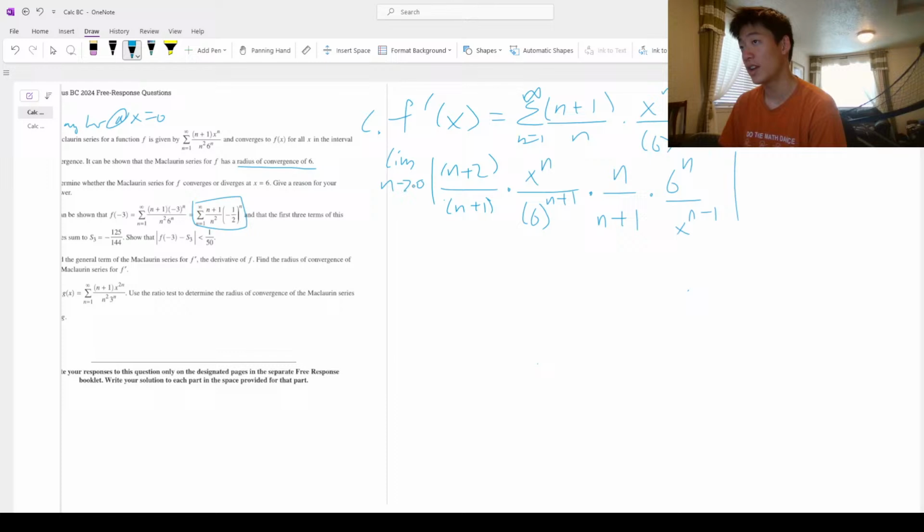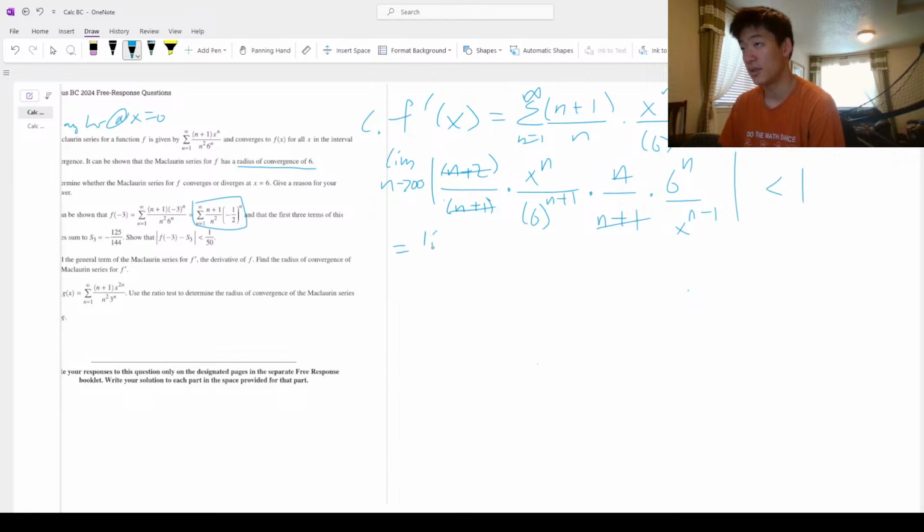Okay, so when you're taking a limit as n goes to infinity, this is just 1. This is just 1. And then these, we want this to be less than 1 for it to converge. This is going to just be x, and then this is going to be x over 6.